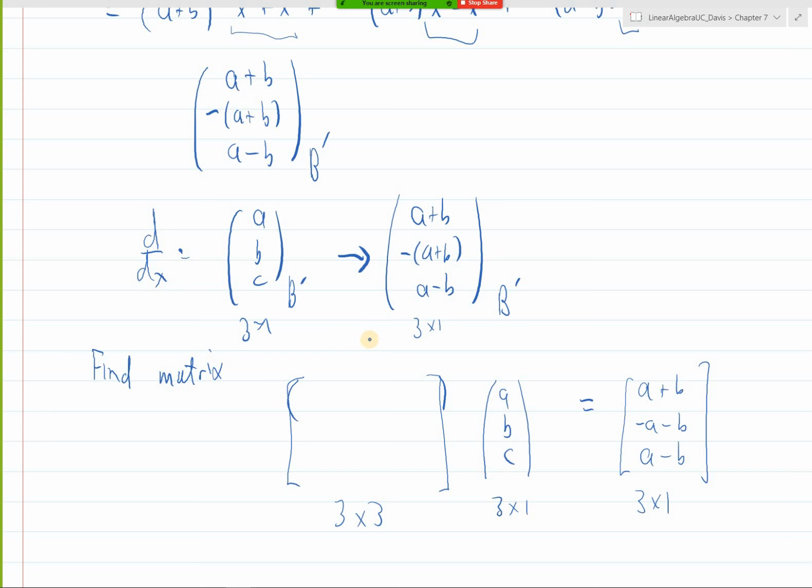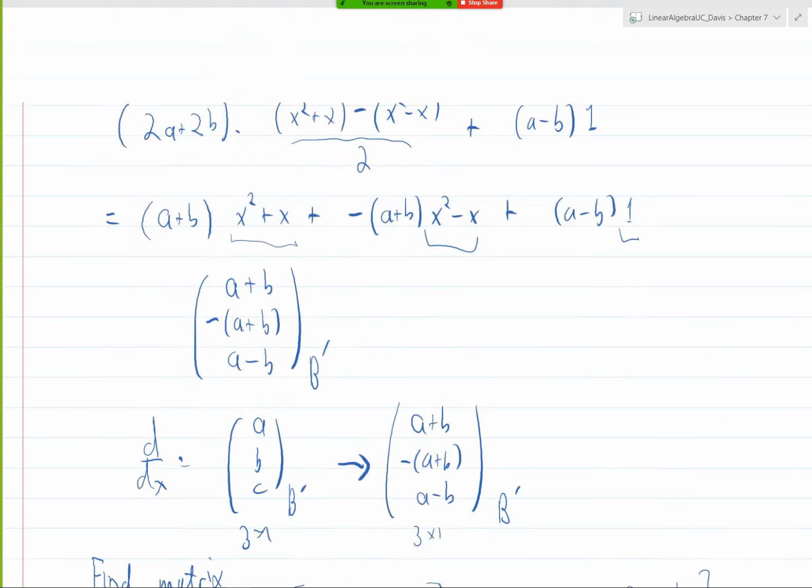So 1, 1, 0. Yes. And then negative 1, 0. Yes. And then 1, negative 1, 0. Okay, yes.